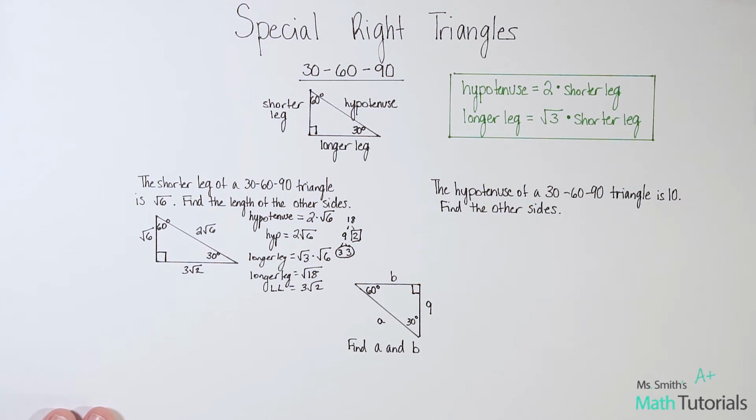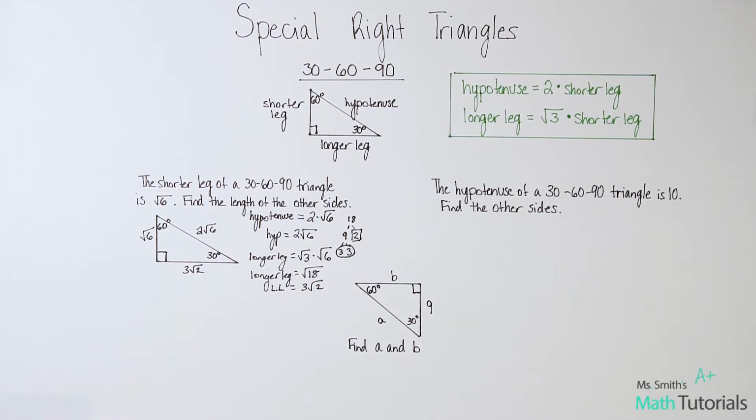Now, I understand that felt long, right, because I was really explaining each one and teaching it, but once you get the hang of these rules, this is a real shortcut. Now, some teachers may tell you, okay, that the only, or not the only way, but the way they want you to solve it is to use SOHCAHTOA. So if we know one side and at least one angle, we can use SOHCAHTOA to figure out another side.